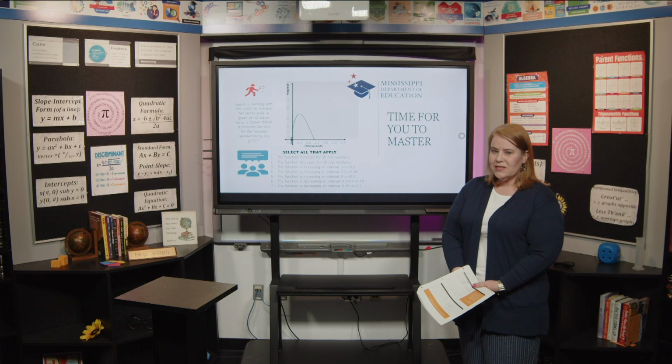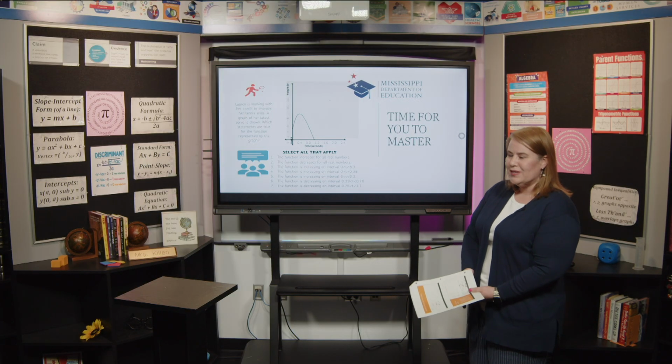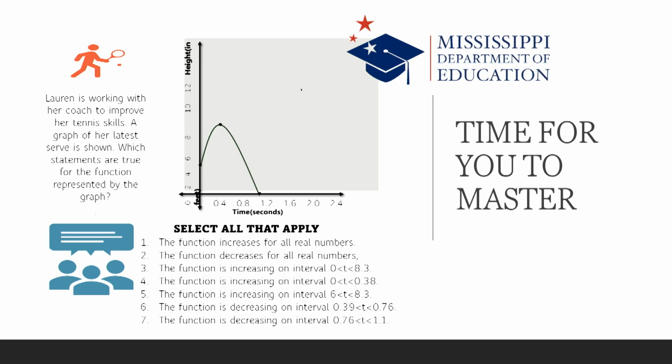Okay, let's see what Lauren's done and let's see what we can answer about Lauren's questions. So now I'm going to read these different statements and see which one of them are true. It says the function increases for all real numbers. Well, when I look at this, I notice that I'm increasing, increasing, increasing, increasing, and then I stop increasing.